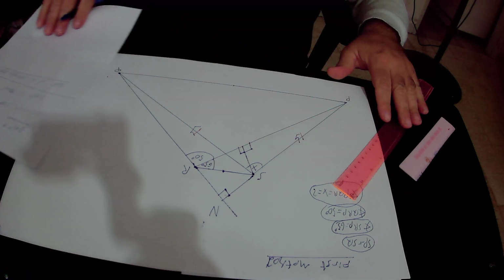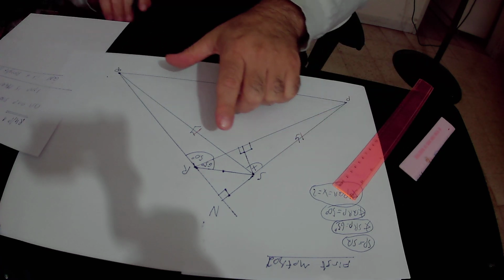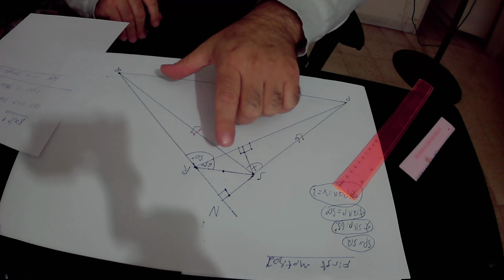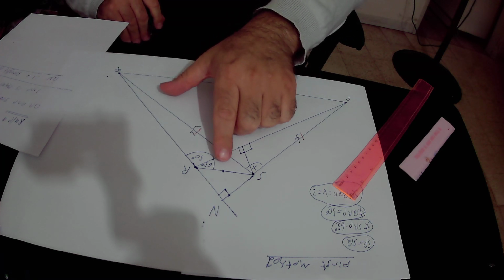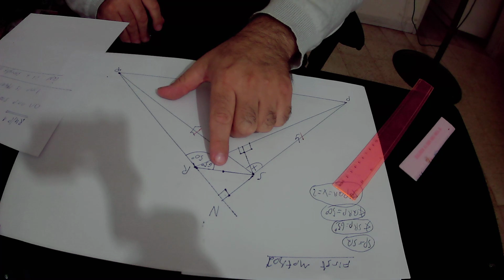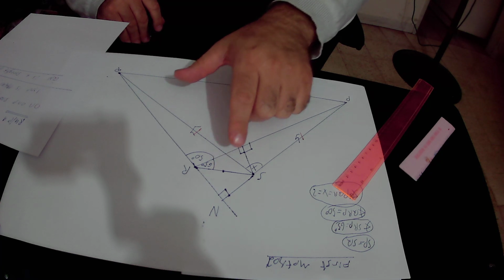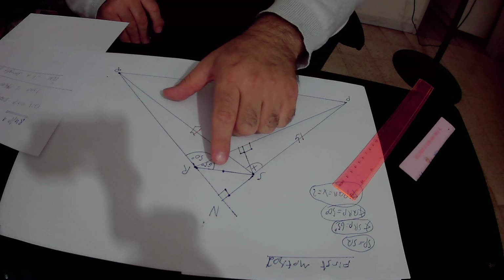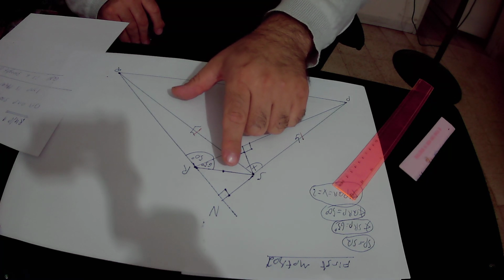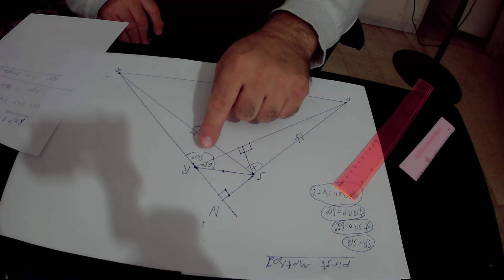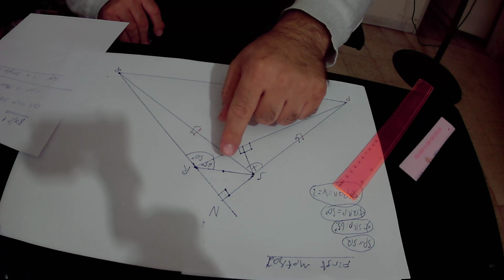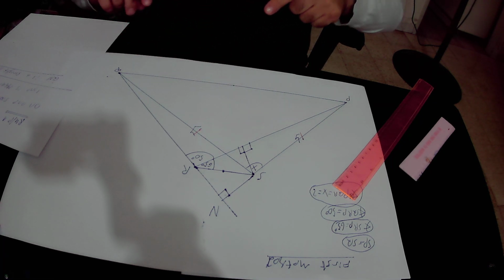If we look at the straight line QN or NQ from this side, then we know that the sum of the angles on the straight line QN at point R will be equal to 180 degrees according to rule number 1.